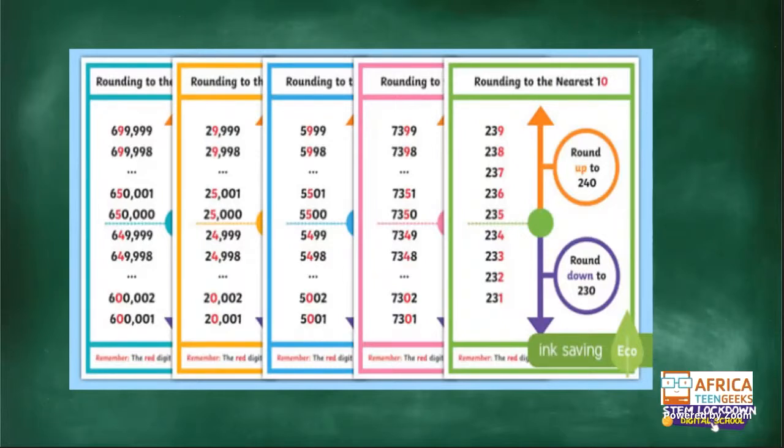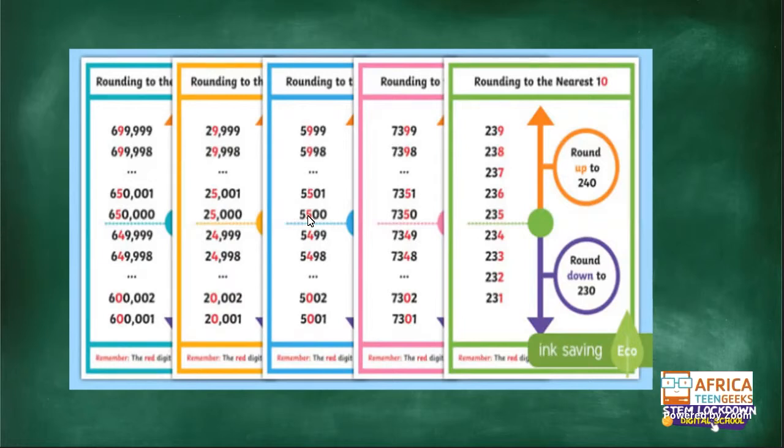Okay, and then moving on to the blue block. Moving to the blue block, we are rounding off to the nearest 1,000. So any number, right? Any number that is above 500 will be rounded up to 6,000.